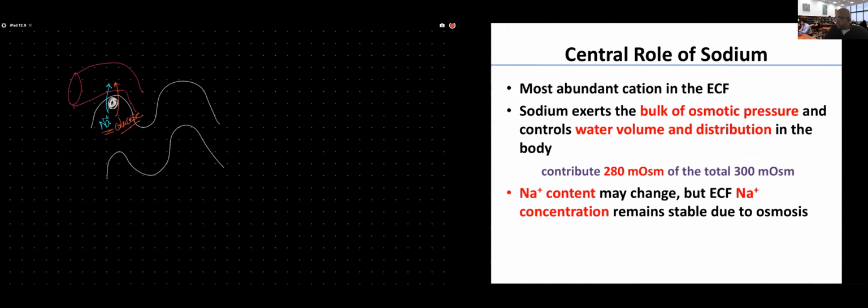The sodium is the major cation of the extracellular fluid compartment. It plays the largest bulk of the osmotic pressure, and as a result, it controls the water volume and distribution between the different compartments.